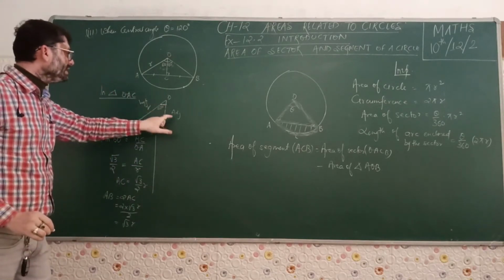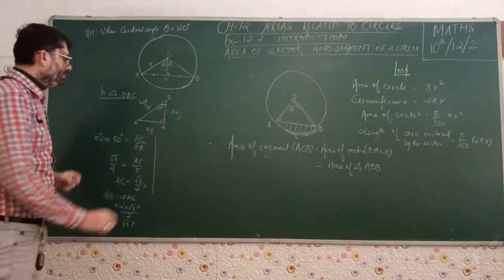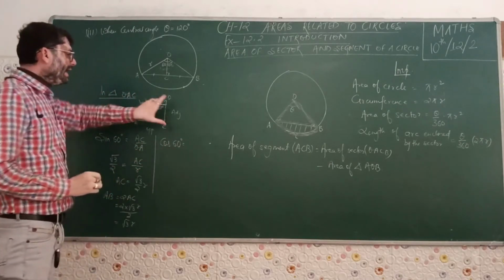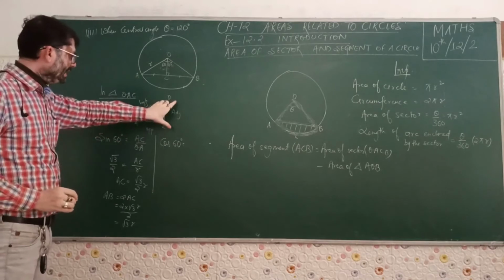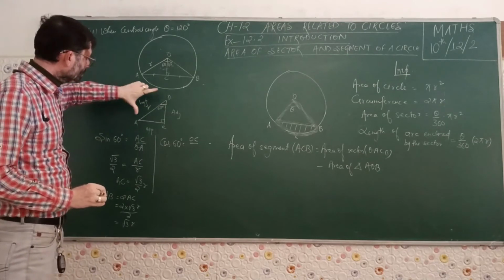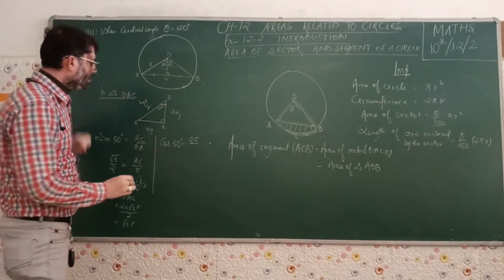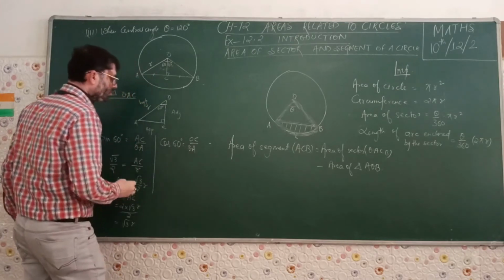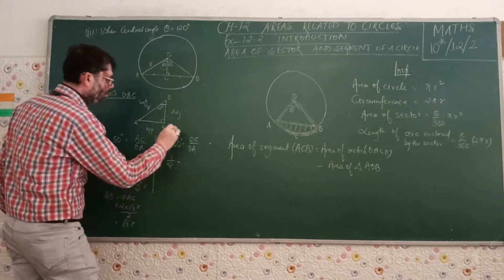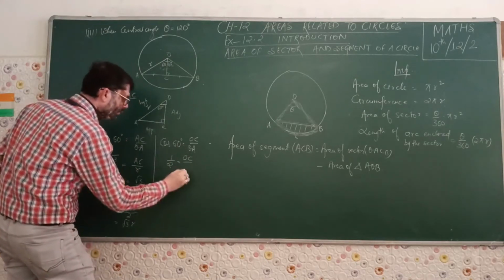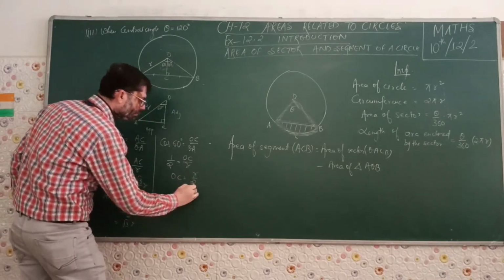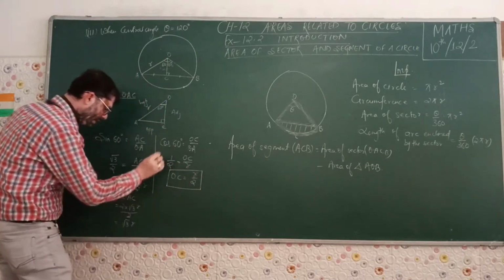In order to find OC that is adjacent to the given angle, we need to apply cos 60 degree, and that is equal to adjacent by hypotenuse, so OC upon OA. The value of cos 60 is half, 1 by 2. OC we need to find out, and OA we know is R. So OC is equal to R by 2.